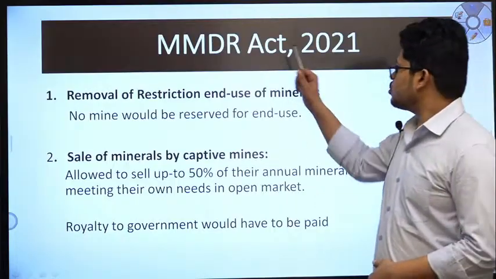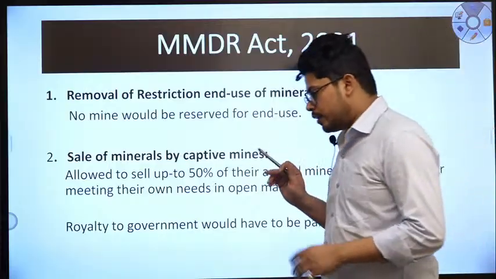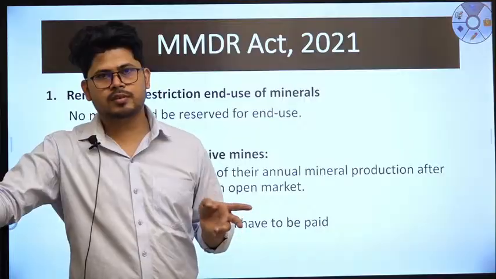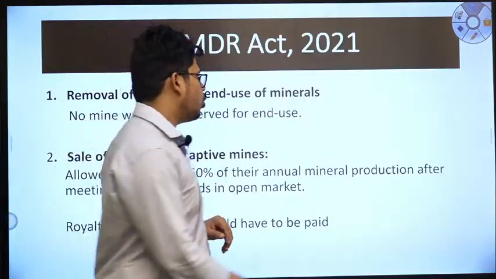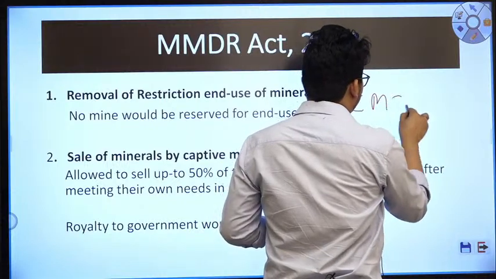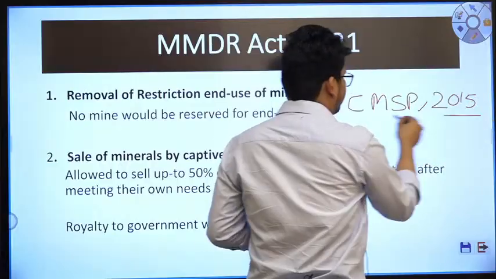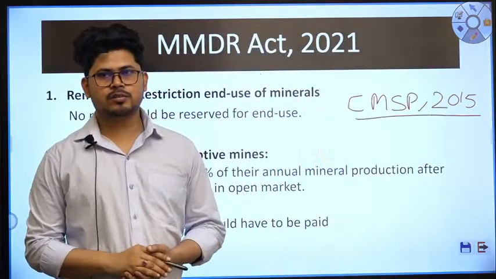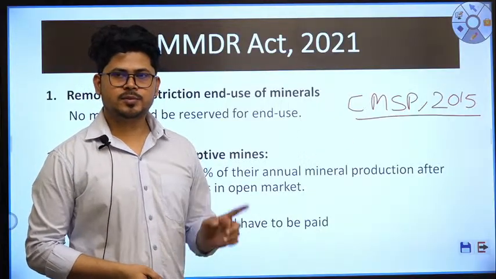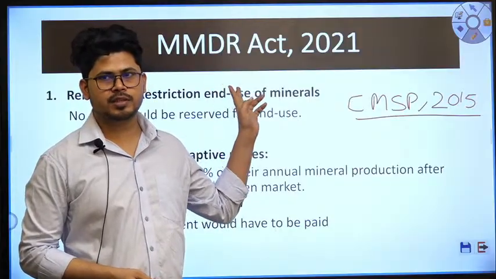Now this act also stated that, now this is the amendment act. Fine. But there is another act regarding the mining in India, that is Coal Mining Special Provisions Act 2015. This act did two things for coal mining. ठीक है, coal mining has been mentioned in Schedule 1 of the MMDR Act 1957.